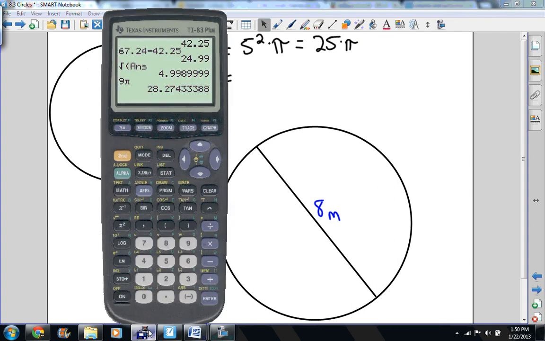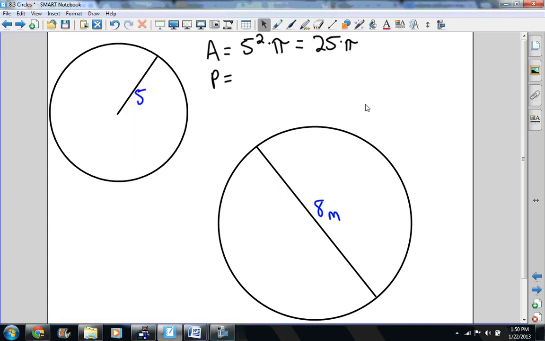Or, if I type that into a calculator, would be about 78.5. Okay? And the perimeter, or the circumference, would be the diameter is 10. So that means this would be 10 times pi, or about 31.4.